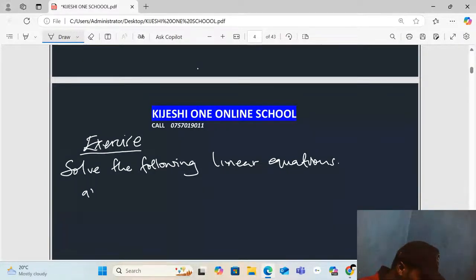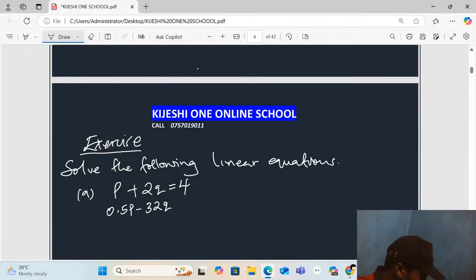A: P plus 2Q equals 4, and 0.5P minus 32Q equals negative 10.